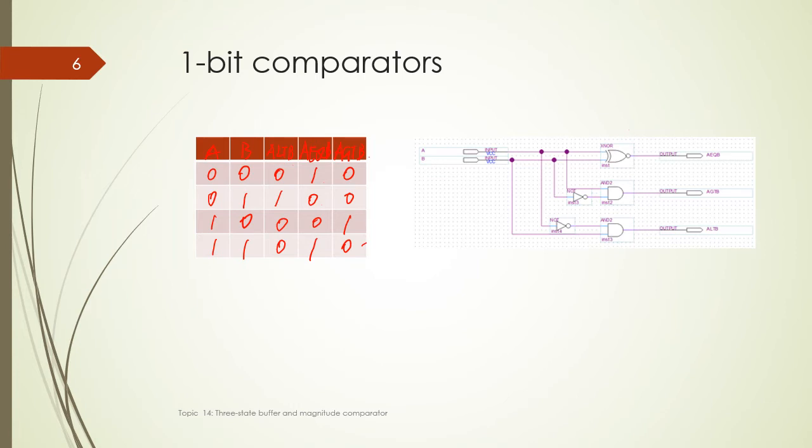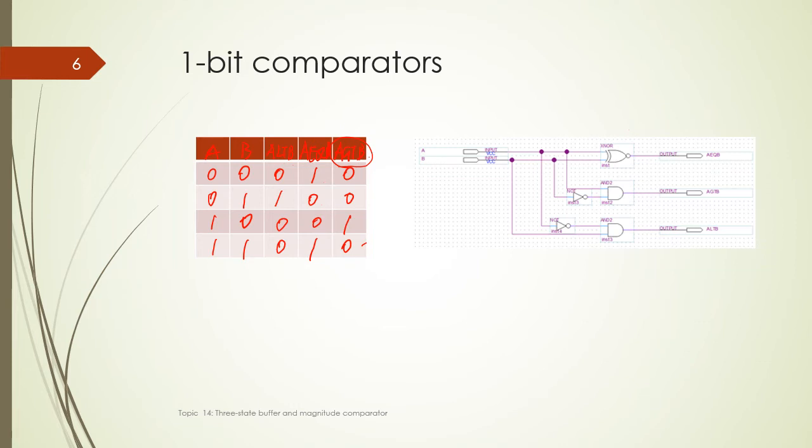Okay, but what I want to point out here is that we actually have a different way to represent A greater than B or A less than B. Think about this. Because we talked about there are only three possible answers, right? When we compare two numbers.